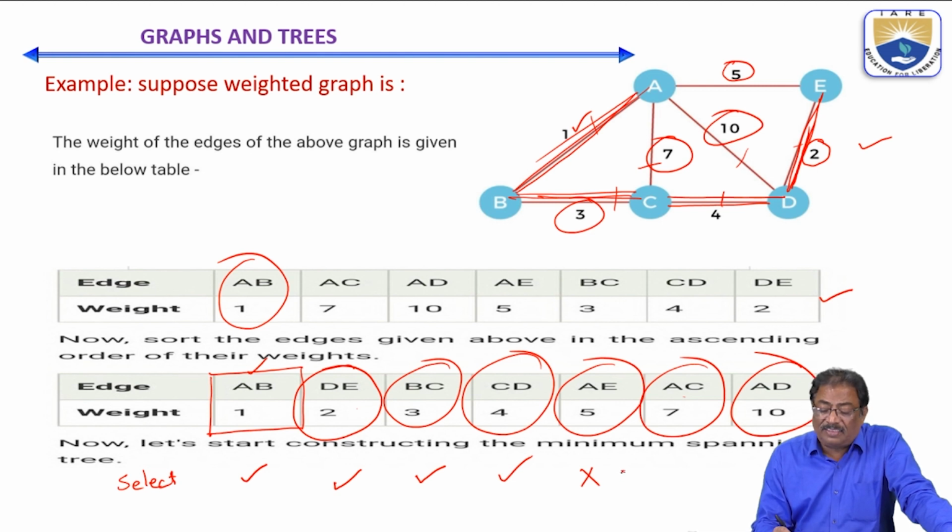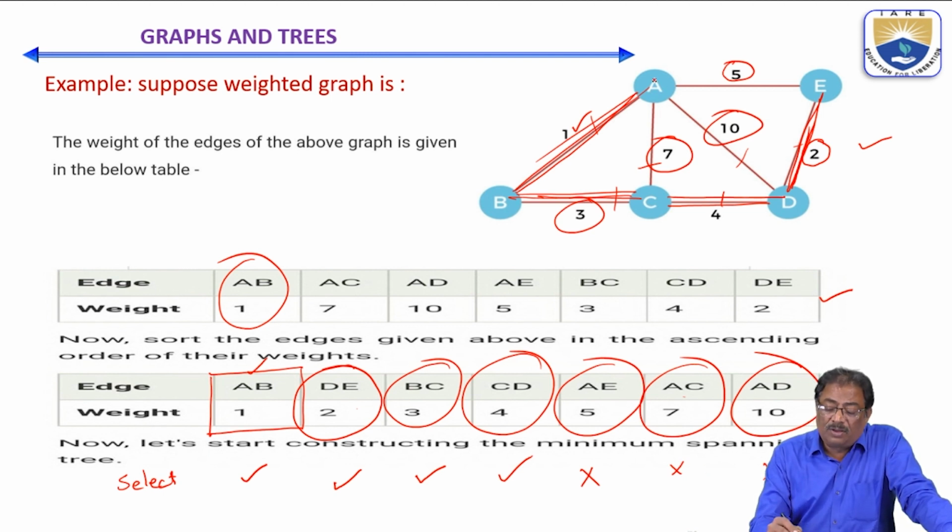Next AC. So one is AB selected and another one is DE selected and another one is BC selected and another one is CD selected and another one, AE, is not selected and next AC is also not selected and next AD is also not selected.